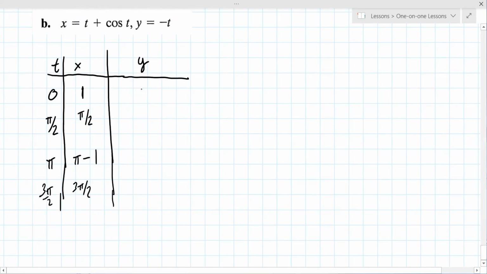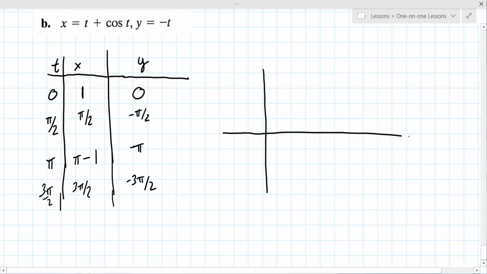It's minus t, so it's 0, minus pi over 2, minus pi, minus 3 pi over 2. So now let's see what this one looks like when we graph it. The first point is now at 1, 0. Then you go pi over 2, which is a little bit to the right, and you go down minus pi over 2, which is about there. Pi minus 1 is about 2.1, but then it's minus pi.